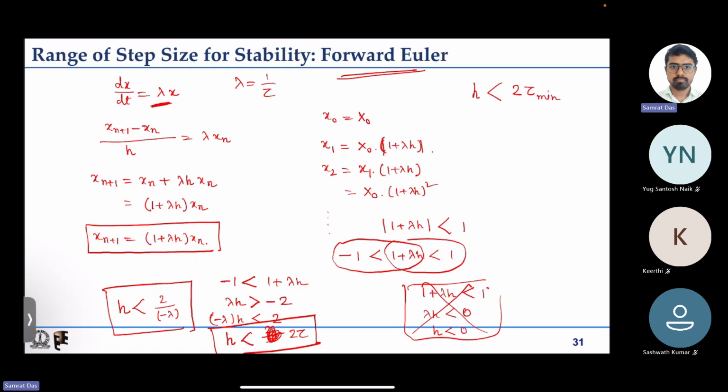So h has to be lower than 2 times the minimum time constant. This is only for stability. But if we want to go for accuracy, then h has to be at least 1/10 of the minimum time constant. This is required for accuracy. Alright, so this is for forward Euler.